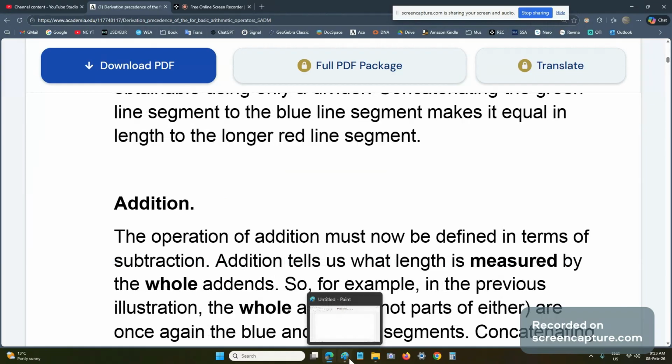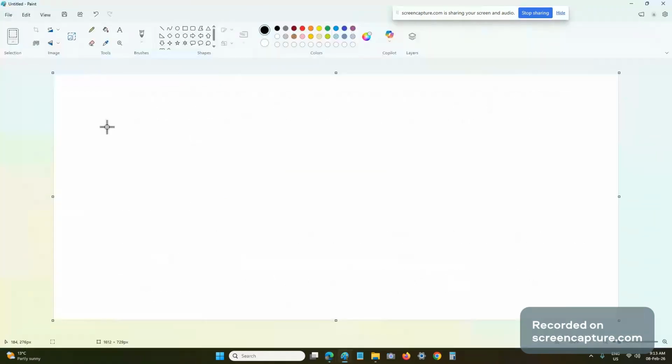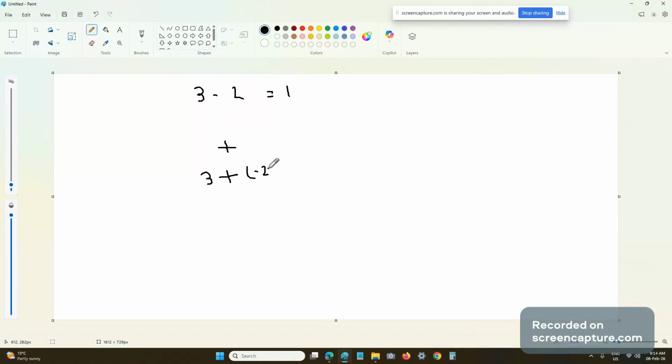And just to give you a little example, if you say 3 minus 2, okay, that's pretty simple. The answer is 1 because you're taking the difference. But now you cannot define this operation using the plus symbol. And you'll say, oh, yeah, I can. And you'll write something stupid like this. Okay.